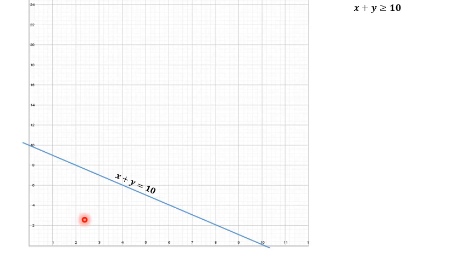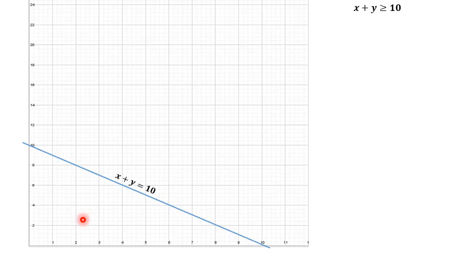Then we pick a point on either side of the line, substitute it in the inequality, and see whether it makes a mathematically sensible statement. If it does, then the chosen point is in the wanted region, and if it does not, then the point is in the unwanted region, and we shade that region.